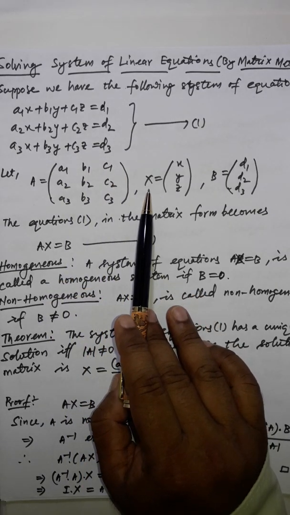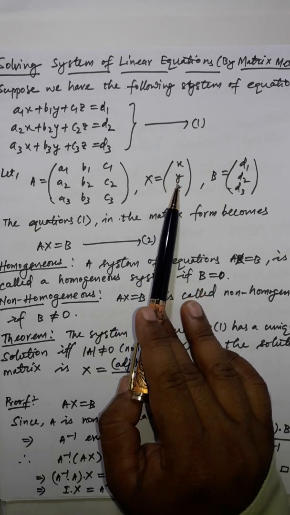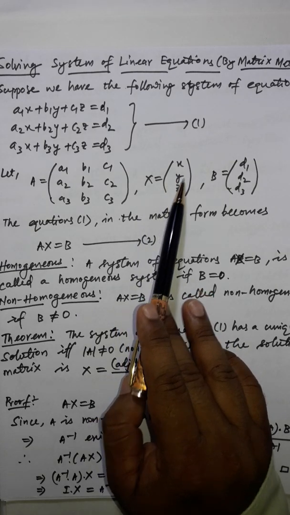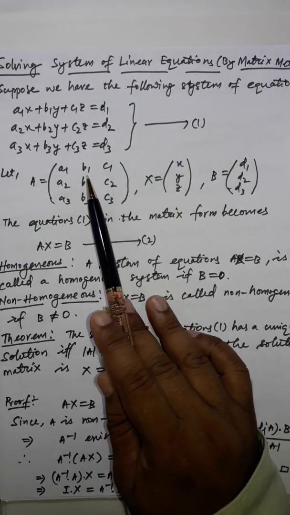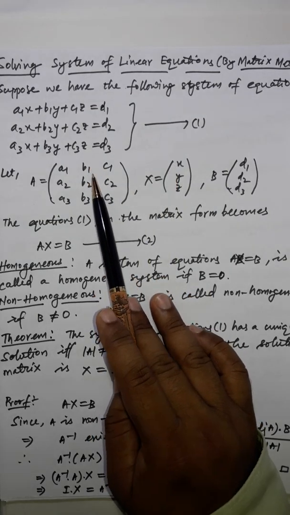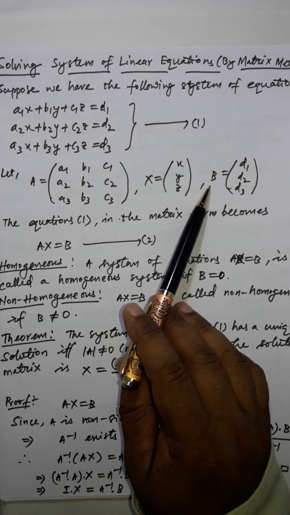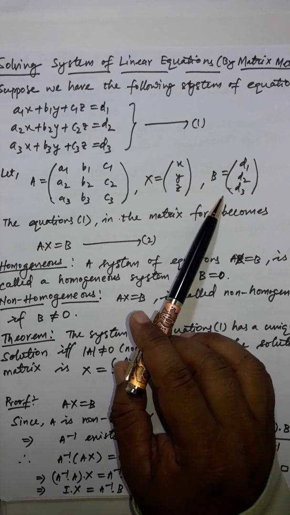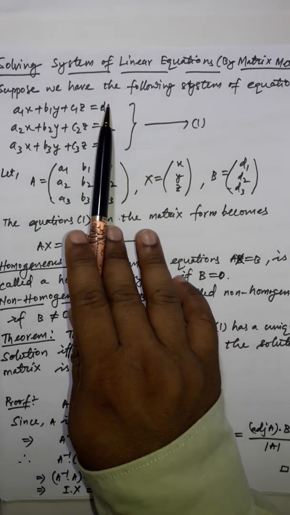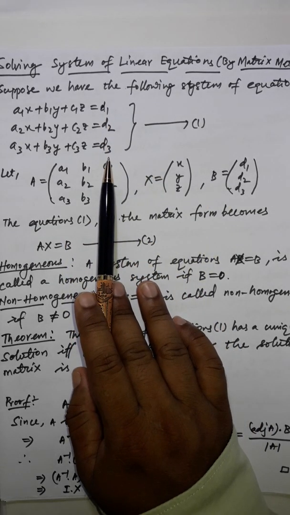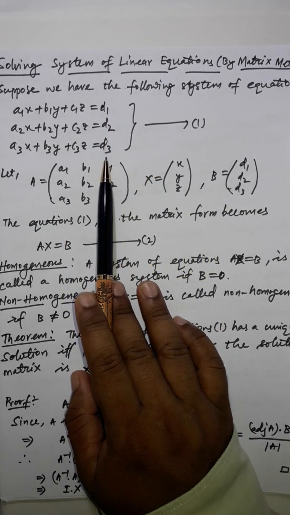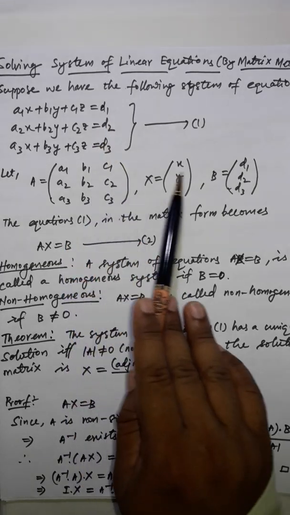Then the matrix X is the variable matrix. It is a column matrix of all the variables in the system, and those are x, y, and z. And at the last, matrix B is also a column matrix. It contains all the right side pure constants, the constants without any variable, d1, d2, d3.